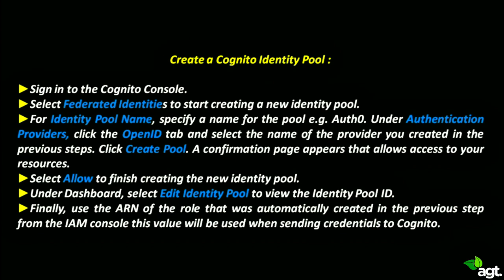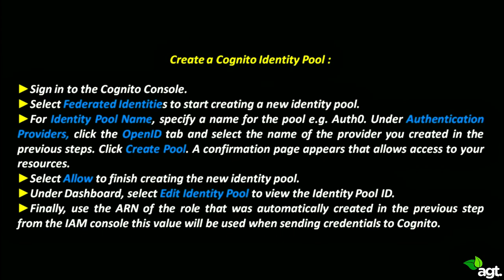Next, create a Cognito identity pool. Now you need to create an identity pool in the Cognito console. This will be used to log into Amazon Cognito using the Auth0 identity provider that you created in the previous step. Sign into the Cognito console and select Federated Identities to start creating a new identity pool. For the identity pool name, specify a name for the pool, for example Auth0. Under Authentication providers, click the OpenID tab and select the name of the provider you created in the previous steps.